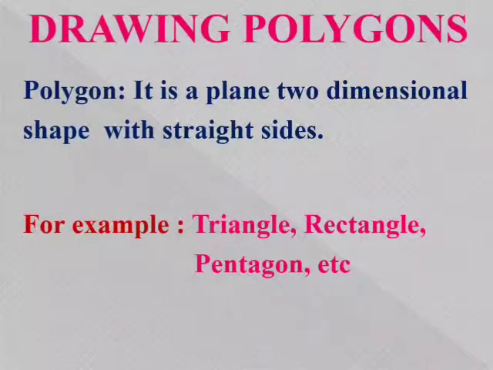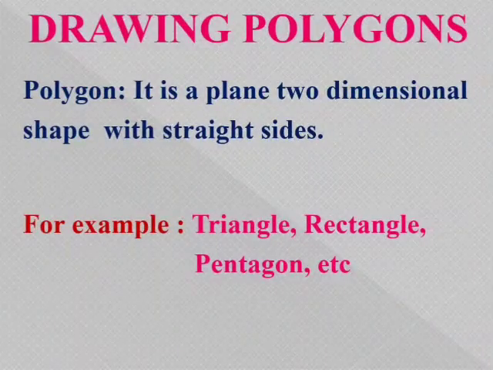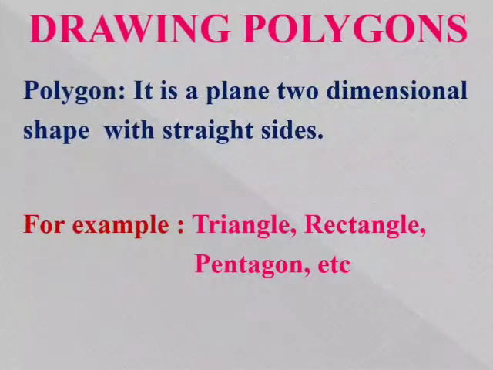It is a plane two-dimensional shape with straight sides. ऐसा कोई भी शेप जो टू डायमेंशनल है और जिसको स्ट्रेट साइड्स है, जिसको कर्व लाइंस नहीं है, उसको हम क्या बोलते हैं? पॉलीगॉन. फॉर एग्जाम्पल ट्राइंगल, रेक्टेंगल, पेंटागन, हेक्सागन, etc. Oval and circle are not a polygon because उसको कर्व्ड लाइंस रहती, स्ट्रेट लाइंस नहीं रहती हैं.